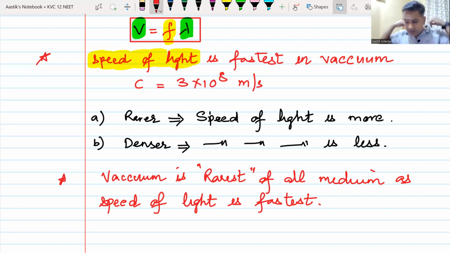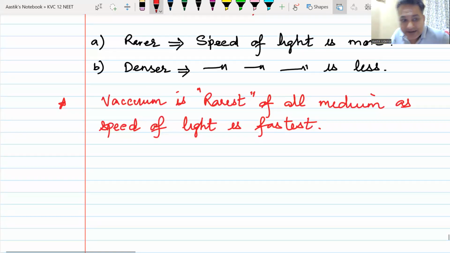Now, to understand how rarer or how denser a medium is, we have devised a term known as refractive index.